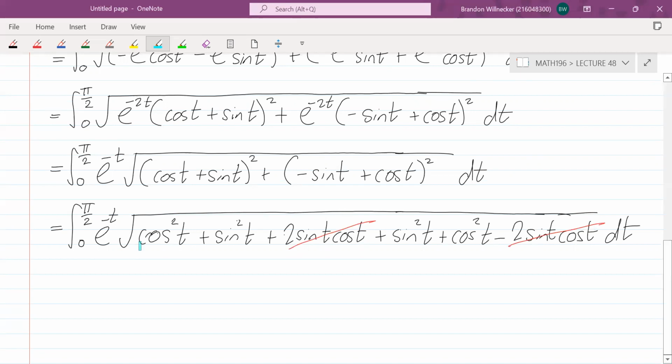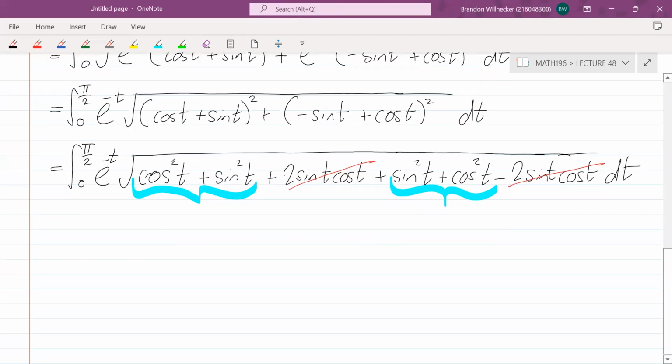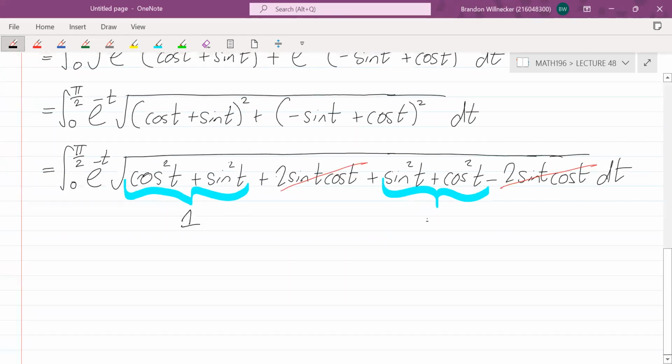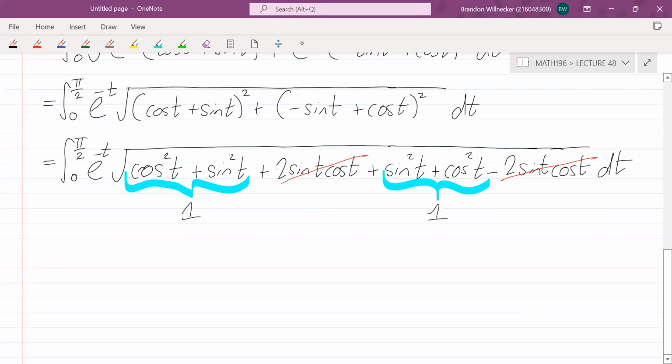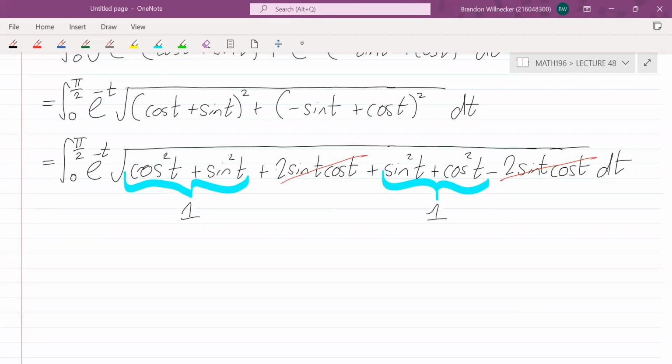And secondly, we've got a cos squared plus sin squared and a sin squared plus cos squared. In both those cases, those are going to add up to 1. So we're going to have 1 for that and 1 for that. So altogether, the square root becomes the square root of 2.